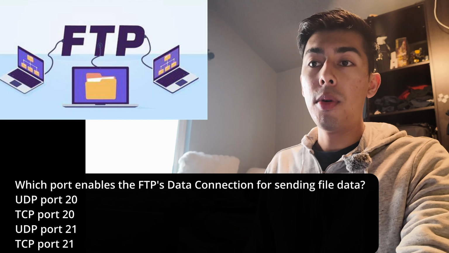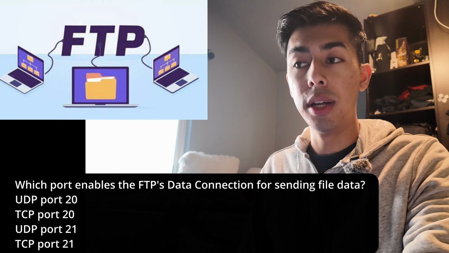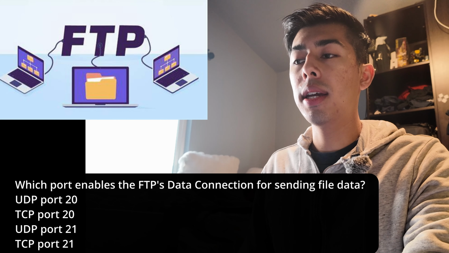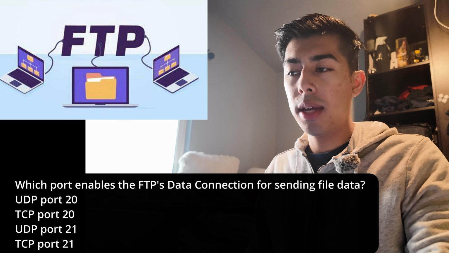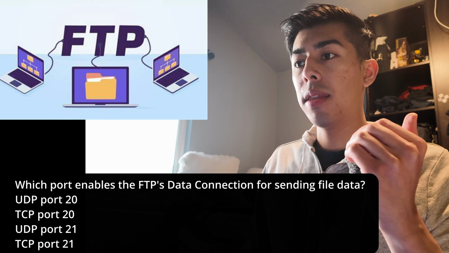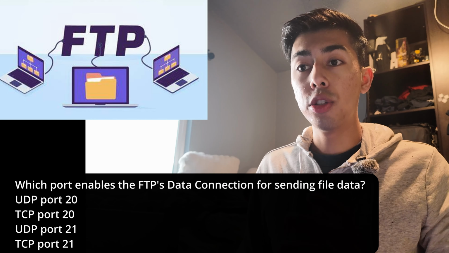Remember, FTP, file transfer protocol, has a data connection and a control connection. A control connection is for sending commands. It's what really controls the responses between FTP and the server that you're sending it to. So that's the control connection.